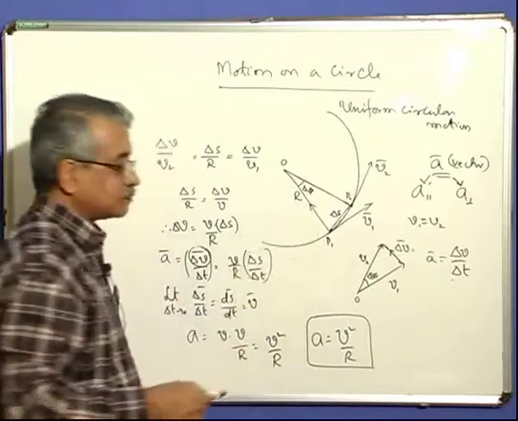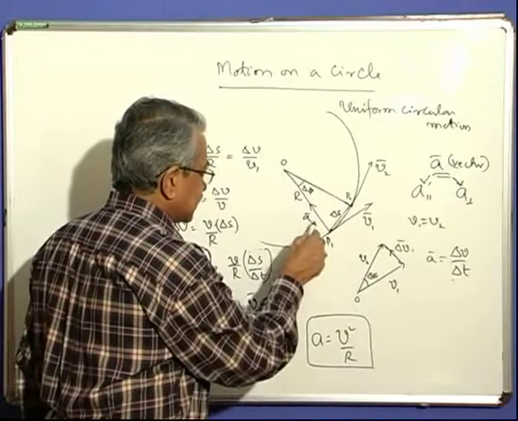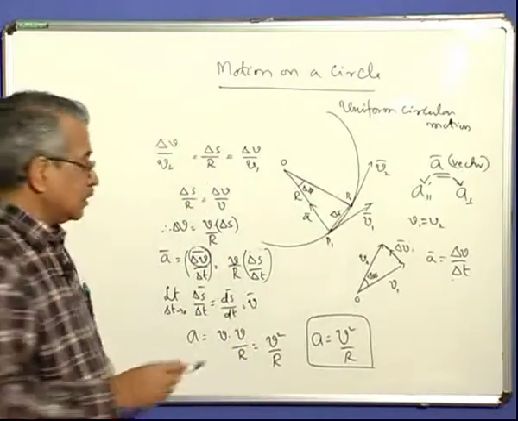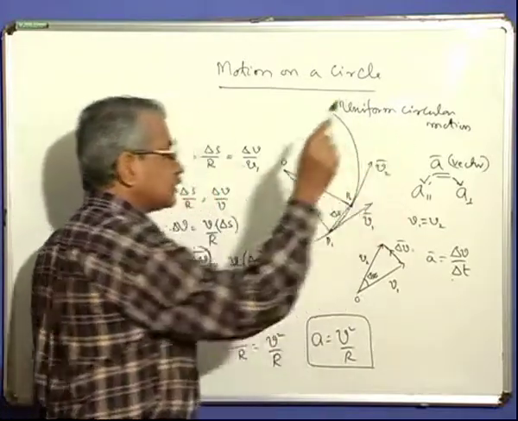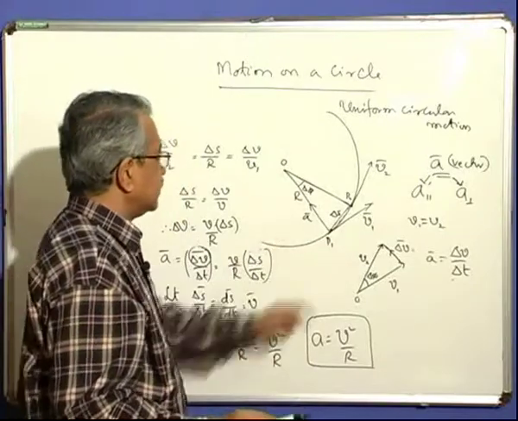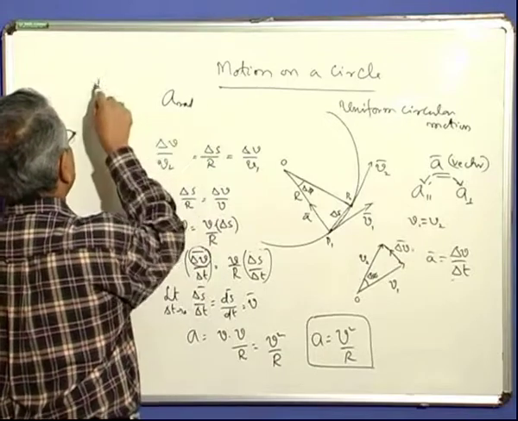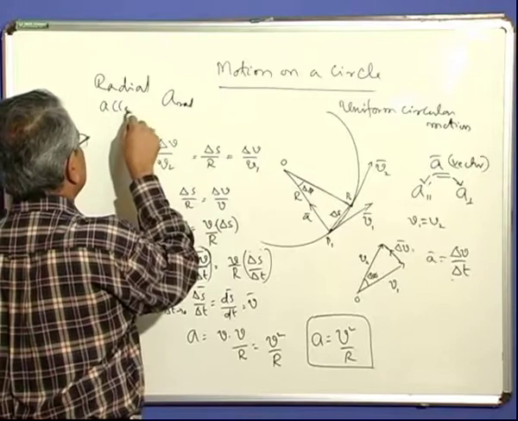So that will be the direction of acceleration. That acceleration is perpendicular to the velocity, because the speed is not changing, so there is no component of acceleration along the tangent. It must be only along the radius. So that acceleration is what is known as radial acceleration.